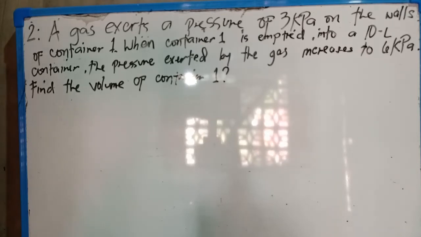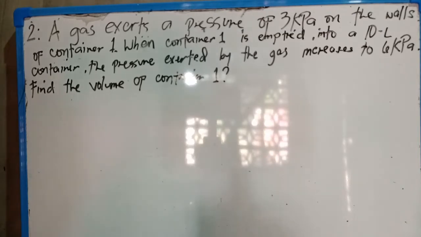This means the gas is now emptied into a 10-liter container, which is our final volume. The pressure increases to 6 kPa, so 6 kPa is our final pressure. Find the volume of the container.